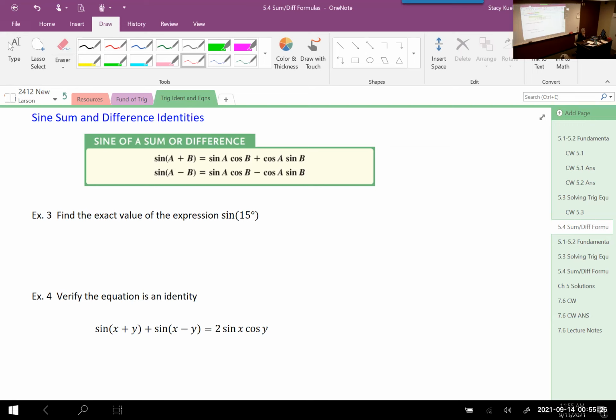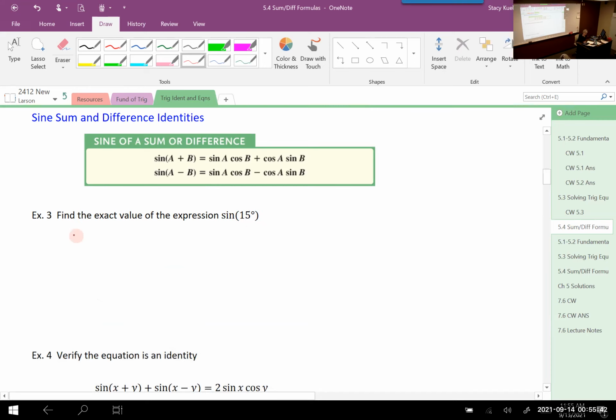All right, so if we have this expression here, the sine of 15 degrees, and I want to know what is the exact value of the sine of 15. All right, that again is not an angle that I know off of my unit circle. So I'm going to say, do I know two angles that are going to add or subtract to give me 15? Well, 45 minus 30 gives me 15, correct?